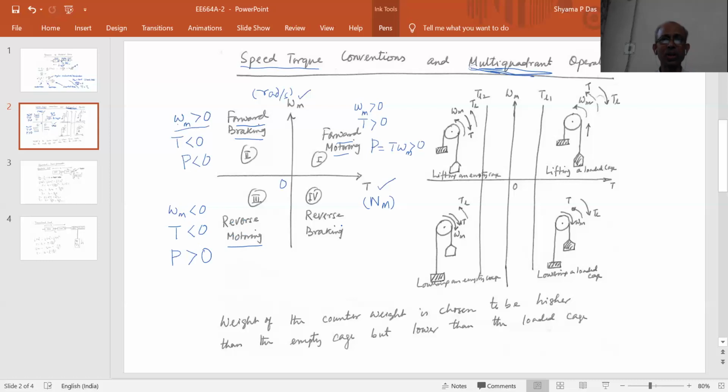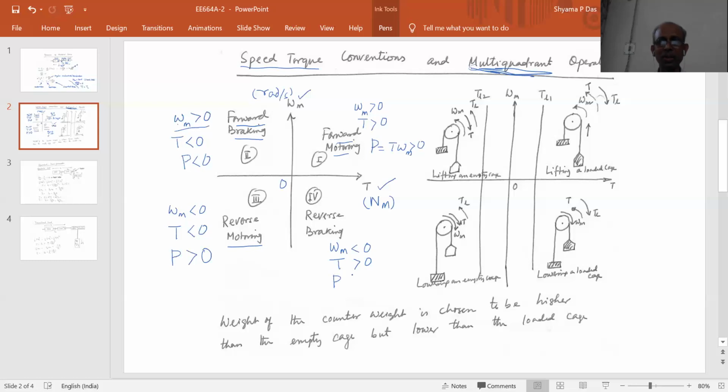What about reverse braking? In reverse braking, the speed is still negative, and that's why we call this reverse. And the torque is positive here. Since we have speed negative and torque positive, the product of speed and torque is negative.